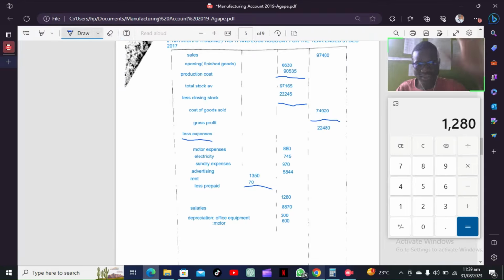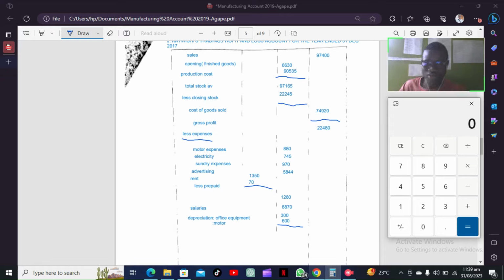So now we are going to add this. When you've written all your expenses, you simply add them. Then you're going to subtract them from the gross profit.